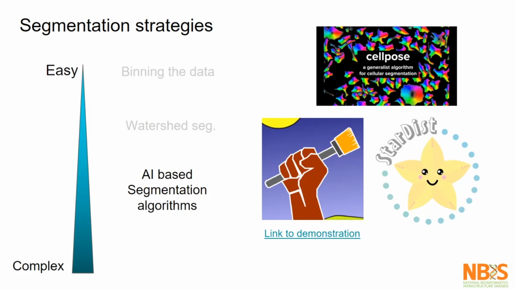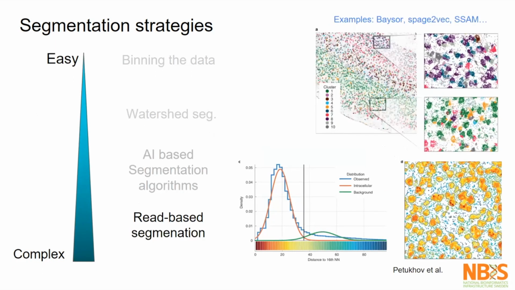We are only relying on the location of the nuclei. So really recently, there have been several methods that, since we actually have the location of the reads, are relying on the location of the reads to basically establish the shape and to delimit the cells.